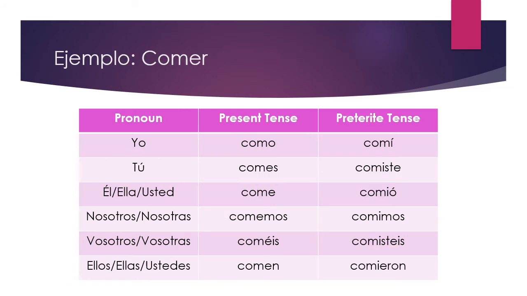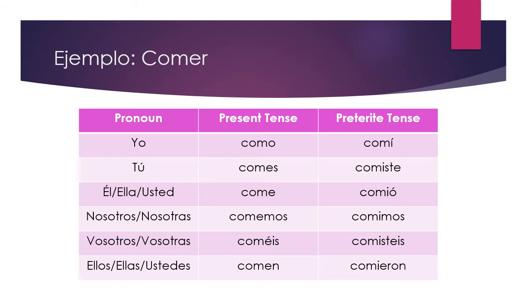So here's an example with an er verb, comer. So in the present tense, I say yo como, tú comes, él, ella, and usted come, nosotros o nosotras comemos, vosotros o vosotras coméis, and ellos, ellas, o ustedes comen.